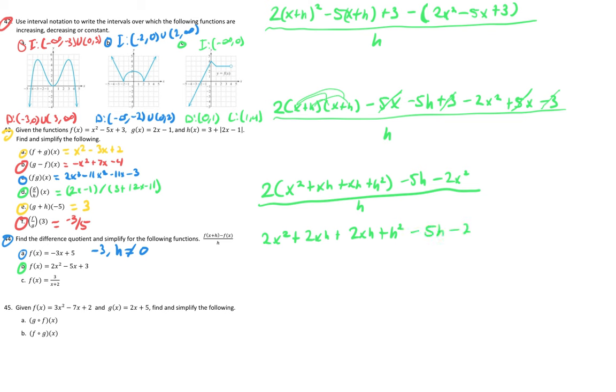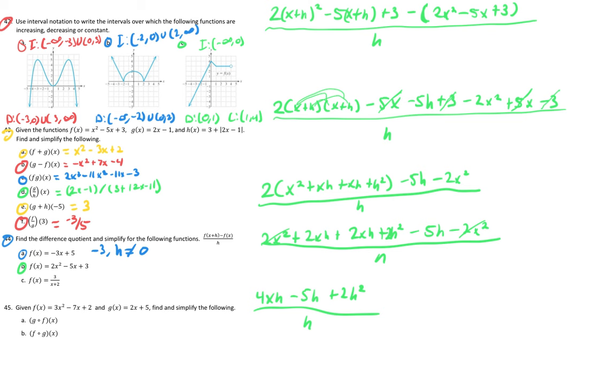Minus 5h minus 2x squared over h, and we'll see that 2x squareds cancel out, leaving us with, and we can combine that 4xh minus 5h, oh, that should have been 2, plus 2h squared all over h.